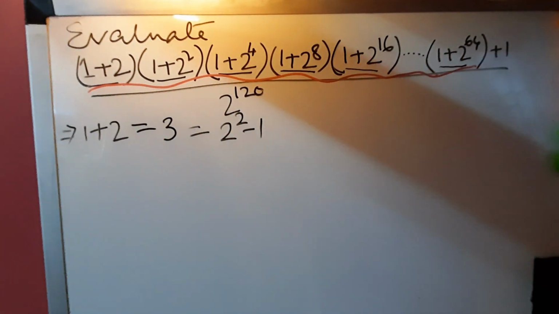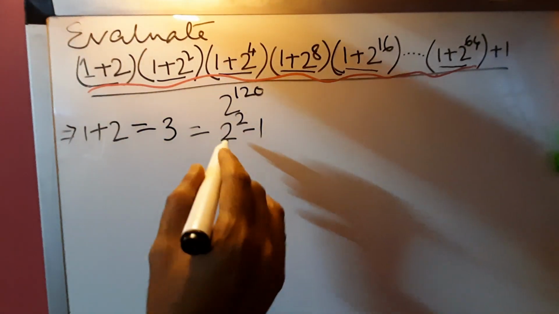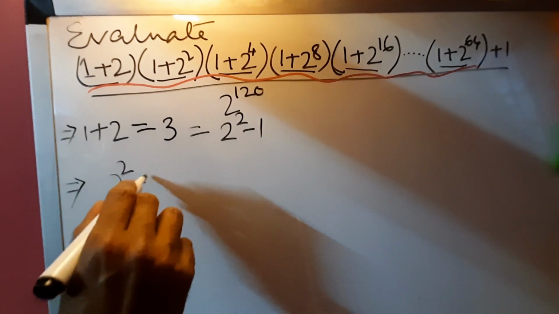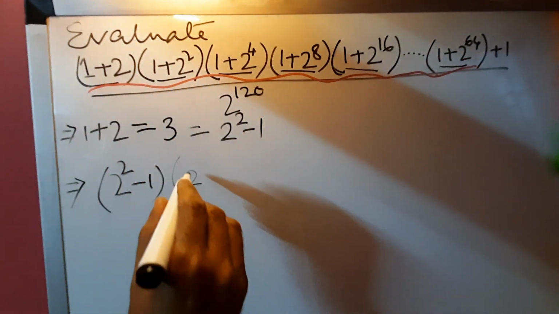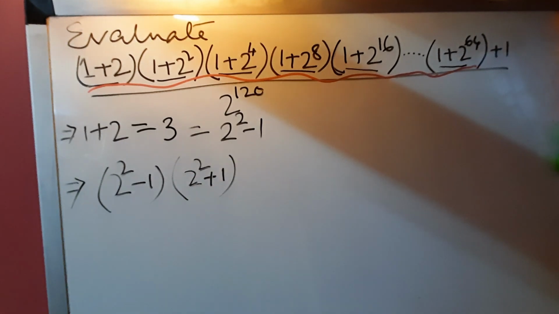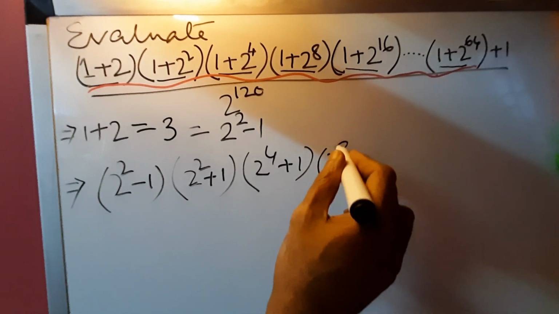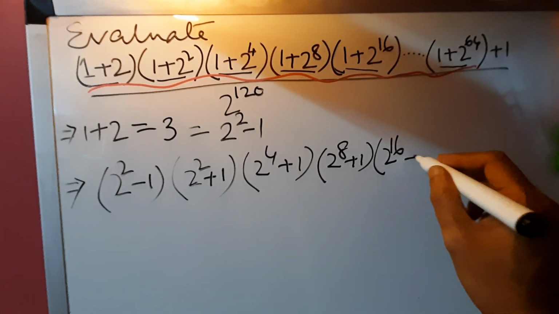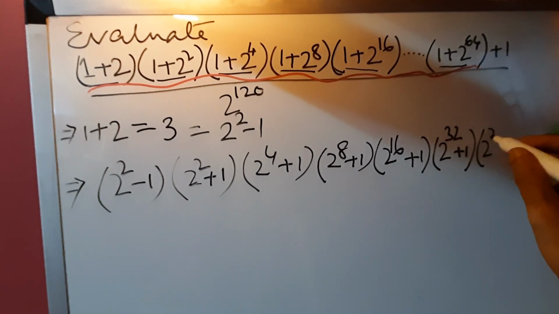Then if we replace the value of 1 plus 2 by 2 to the power 2 minus 1, the expression will become like this: (2 to the power 2 minus 1) into (2 to the power 2 plus 1), (2 to the power 4 plus 1), (2 to the power 8 plus 1), (2 to the power 16 plus 1), (2 to the power 32 plus 1) into (2 to the power 64 plus 1).